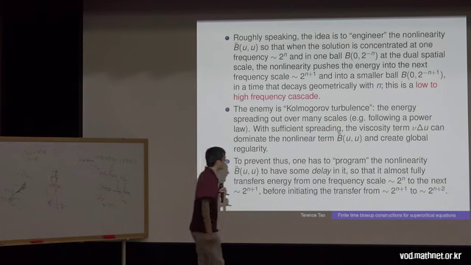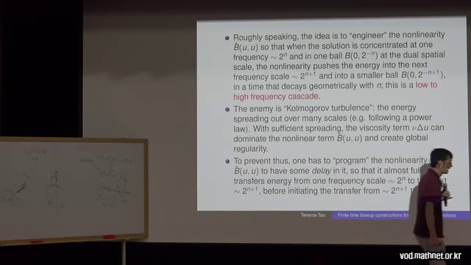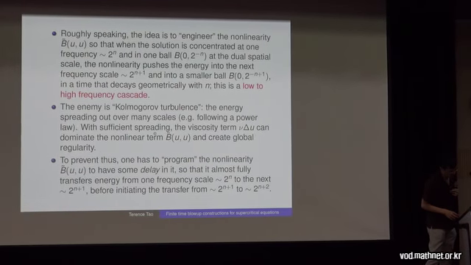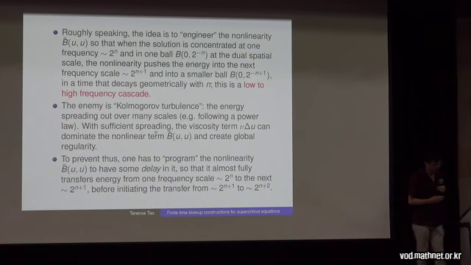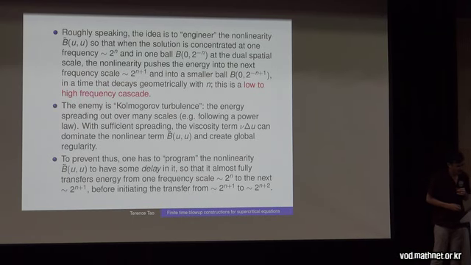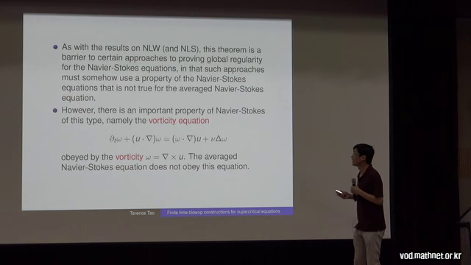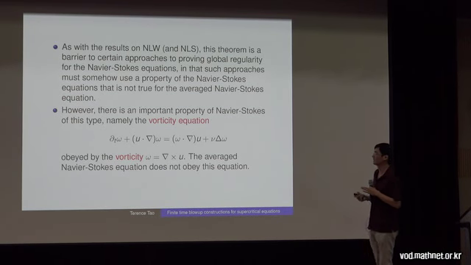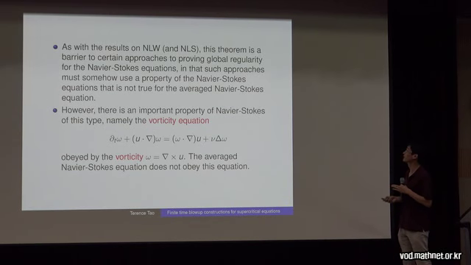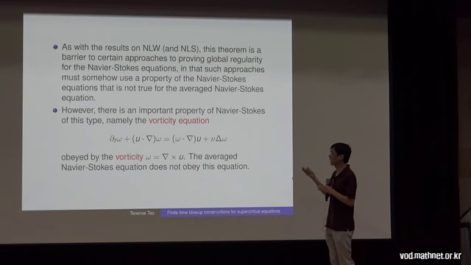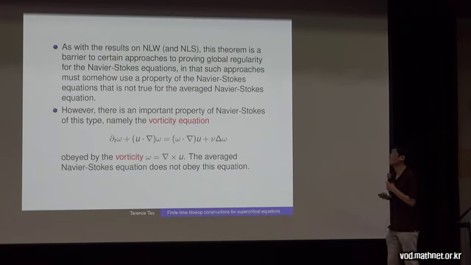But anyway, it is possible to do this after quite a lot of work, and you can create a rather weird equation which behaves like Navier-Stokes and blows up. So as I said, this rules out many of the existing techniques to prove global regularity, because they cannot distinguish the Navier-Stokes equation from this artificial averaged Navier-Stokes equation, which does have finite time blowup.